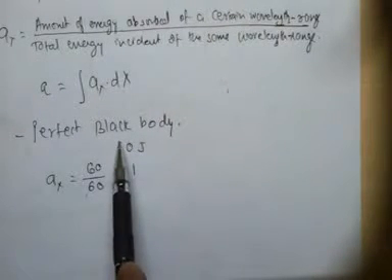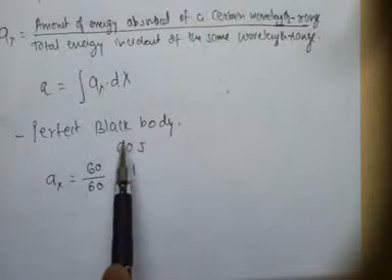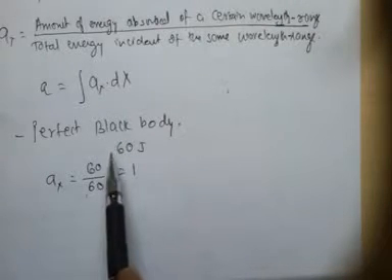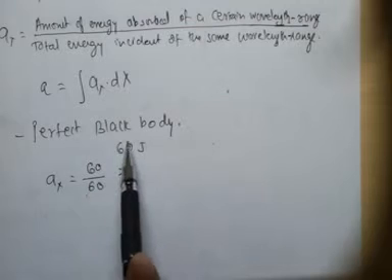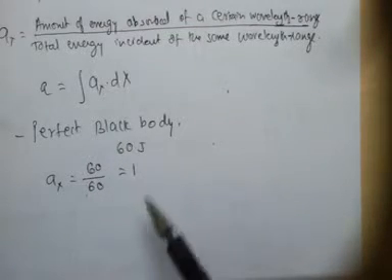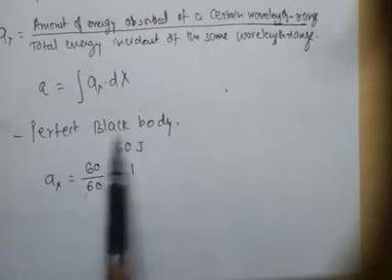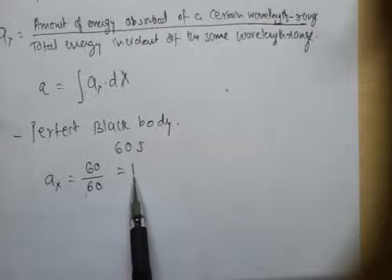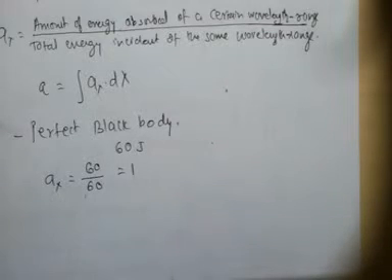This concept comes from the concept of light, because if you have an object which is black in color, it means that it is absorbing all the colors. Similarly, here also we are calling it a black body because it is absorbing all the radiation falling on it. So just keep in mind, for a perfect black body, the spectral absorbing power A lambda is 1.